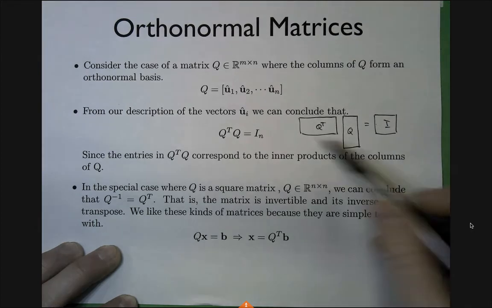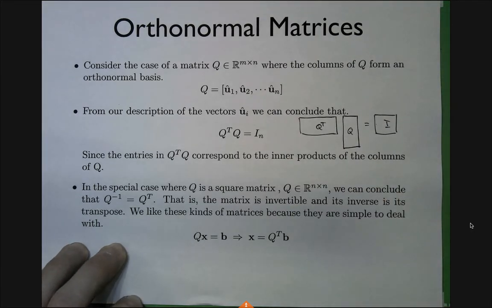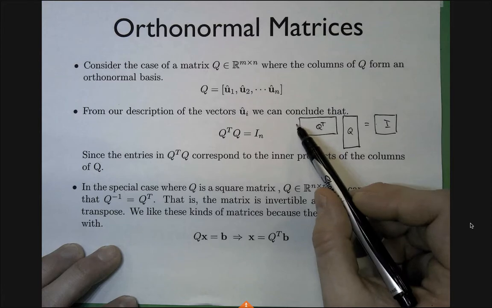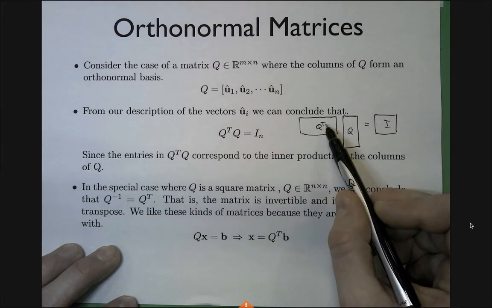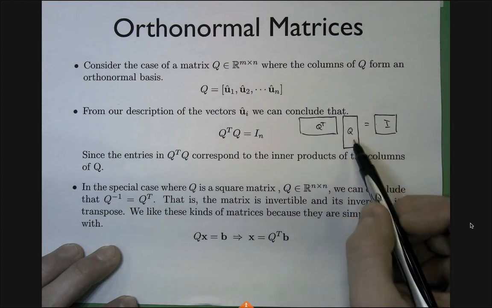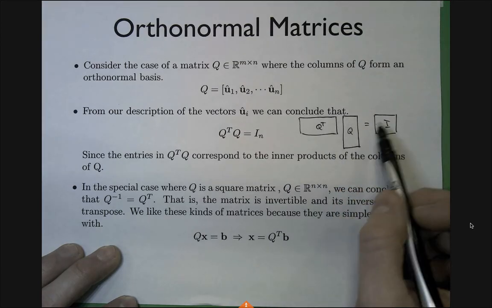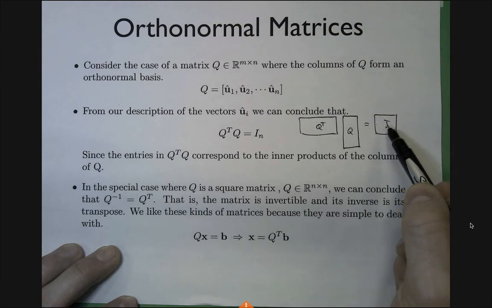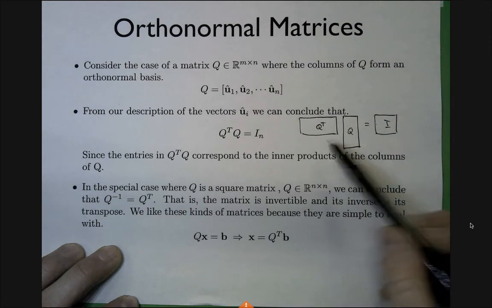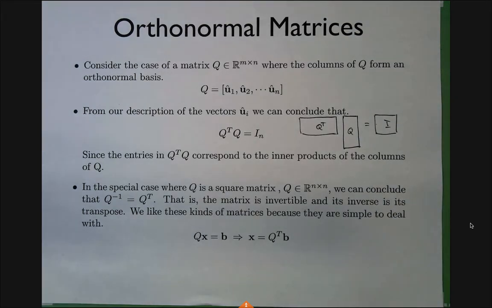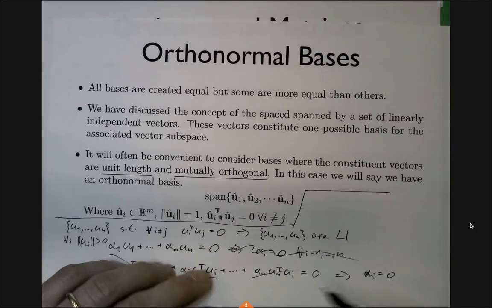Then what is this saying? This is saying if I take a row of QT, but a row of QT is just a column of Q, right? And I dot product it with a column of Q, with another column of Q, I get the Kronecker delta, right? An element of an identity matrix.